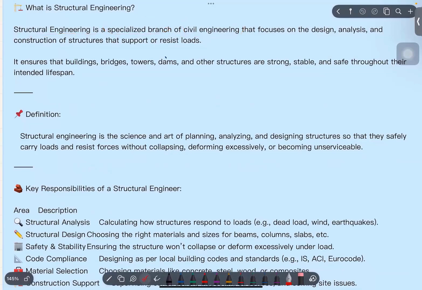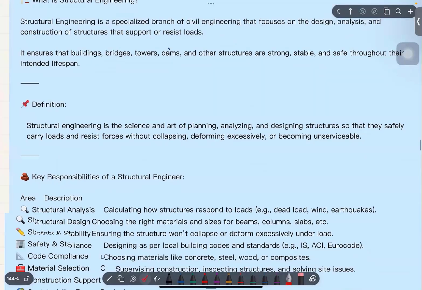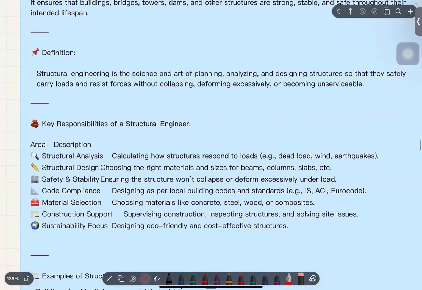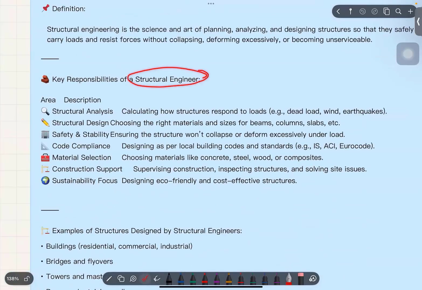Even some of you might be doing structural engineering for the MS. Even after passing the FE exam, when you want to become a PE, it has subcategories, whether you want to become a project manager or structural designer, and so on. So this is a specialized branch of civil engineering that focuses on design, analysis, and construction of structures that support or resist loads.